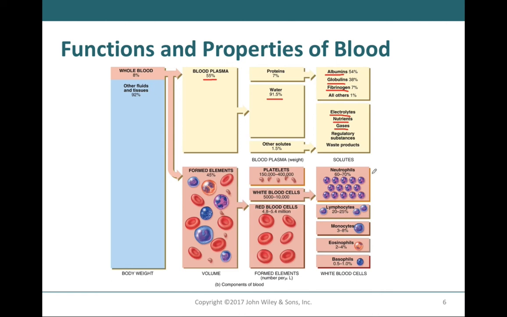So I don't expect you to be experts on each of these cells, but you can see neutrophils, lymphocytes, and monocytes are going to be the three most common. In that order, you can see neutrophils are much, much more common than any of the other types of cells, and lymphocytes will be also much more common than any of the remaining types of cells. Monocytes, eosinophils, and basophils are present in much lower concentrations.